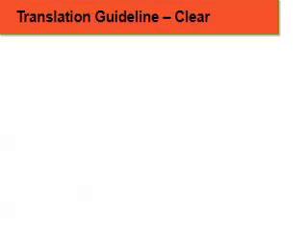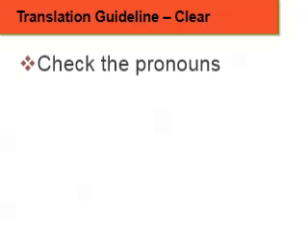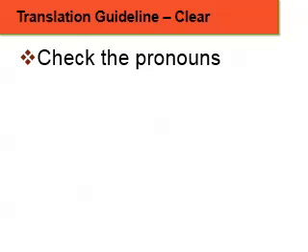Let us recap what we have covered so far. You will need to check the pronouns in the source text and make it clear to whom or what each pronoun refers.